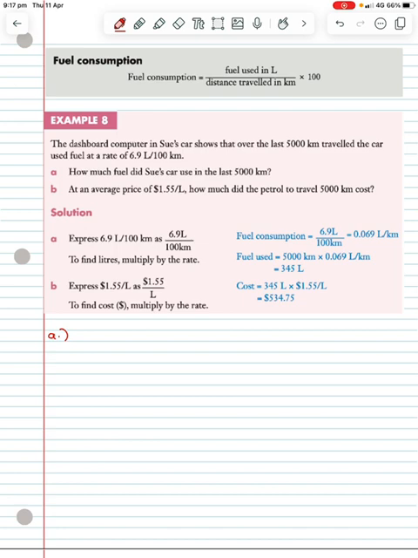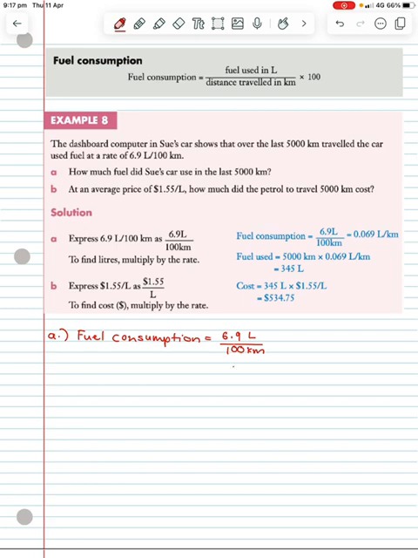So we know that our fuel consumption is 6.9 litres per 100 kilometres. And what I'm going to do is convert this to how many litres per kilometre.